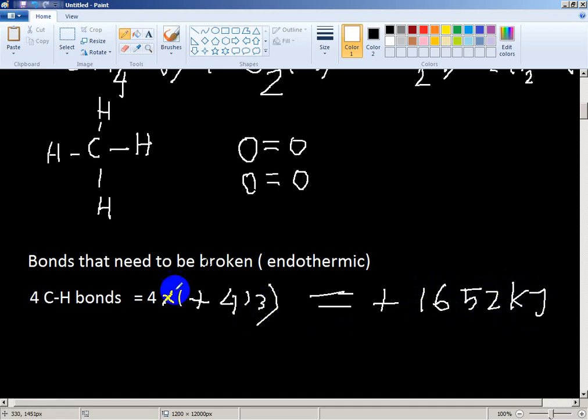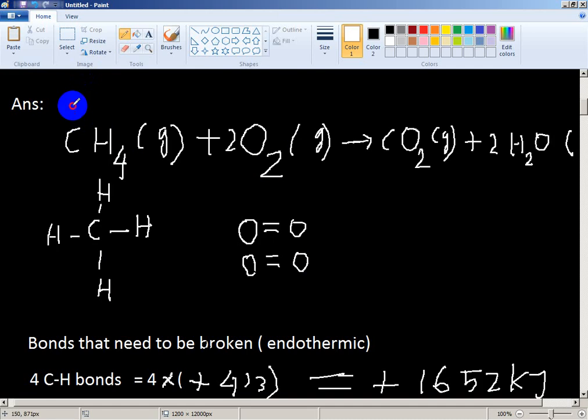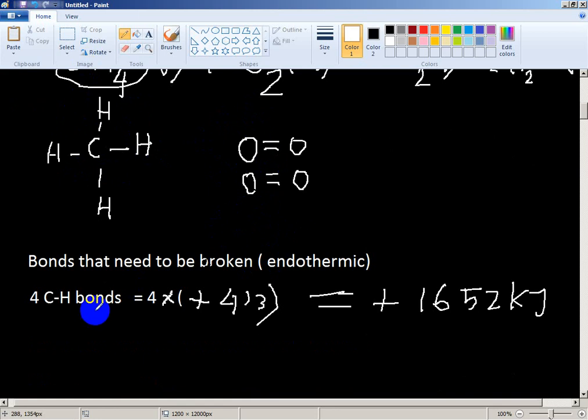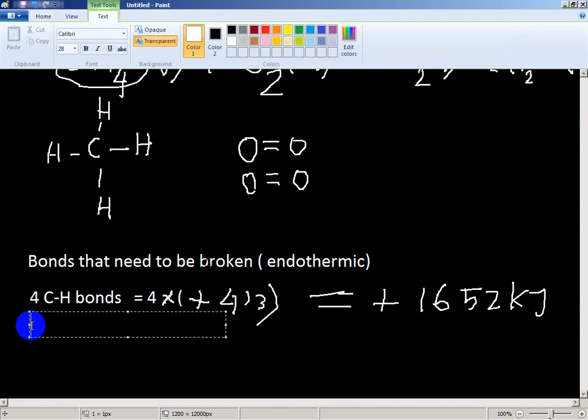Okay, this one is done. Now the oxygen bonds. Here how many molecules? This is one. 2 oxygen double bonds.